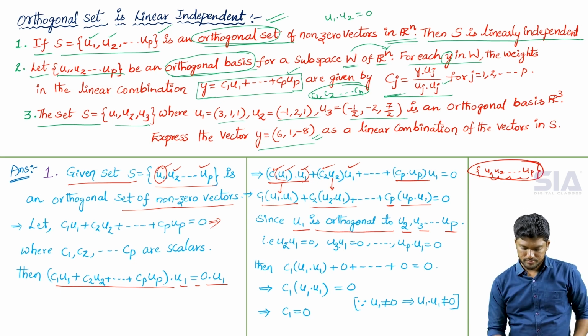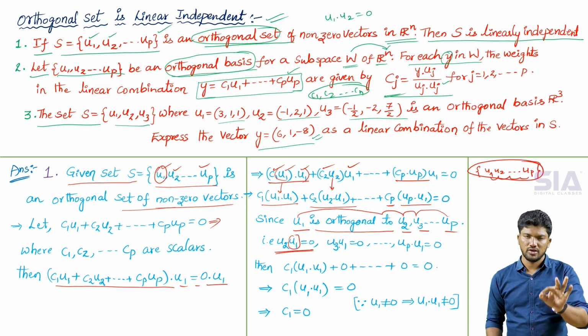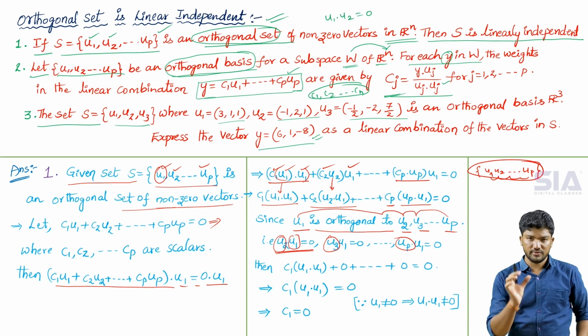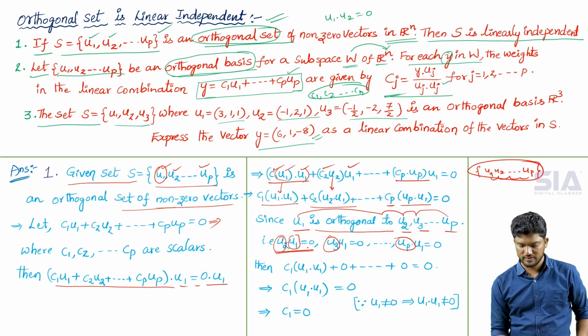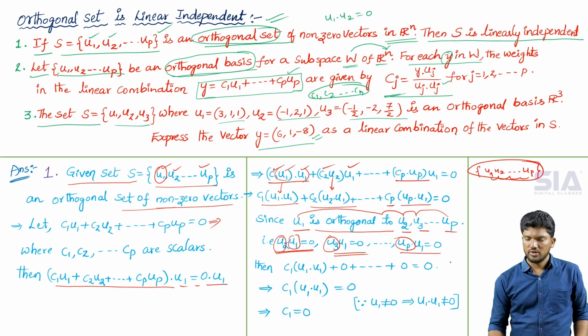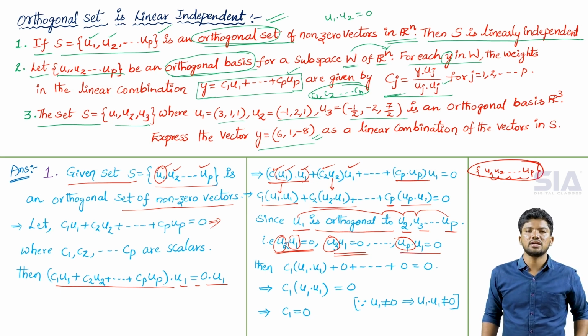So therefore since u1 is orthogonal to u2, u3 up to some u suffix p, according to that orthogonal definition we can write u suffix 2 into u suffix 1 is equal to 0, u suffix 3 into u suffix 1 is equal to 0, therefore u suffix p into u suffix 1 is equal to 0 according to that orthogonal vectors definition.